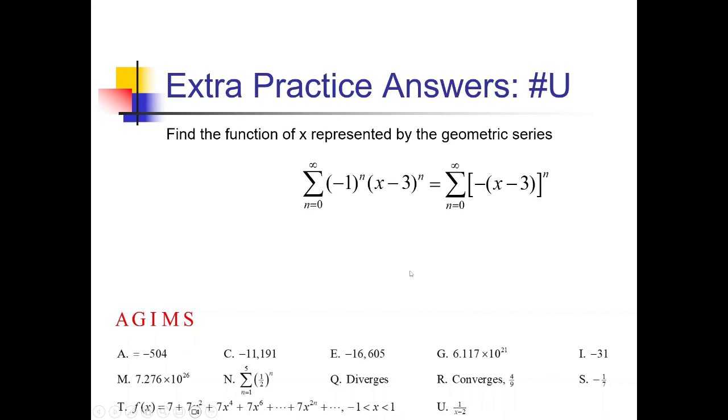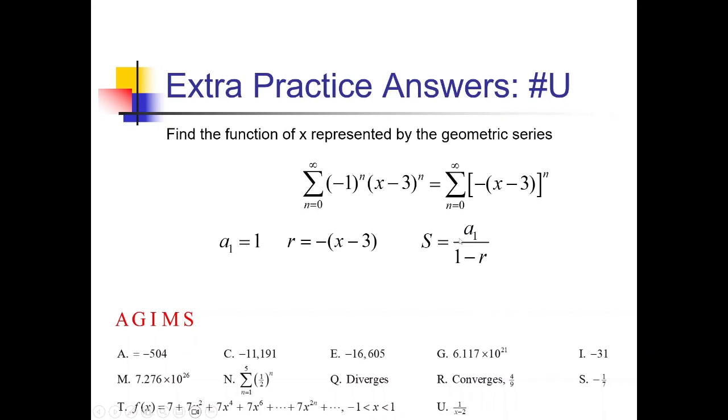So in this case, my a1 is going to be 1, because if I plug 0 in for n here, anything to the 0 is just 1. Now what am I multiplying by each time? Well, it's whatever's inside this nth power term. So negative parentheses x minus 3 is my r value.